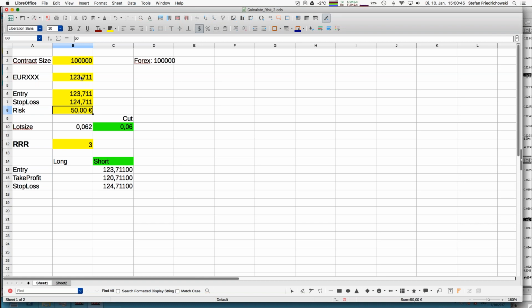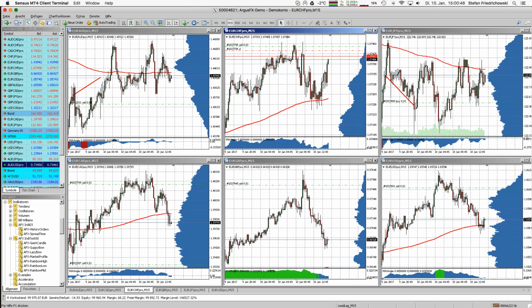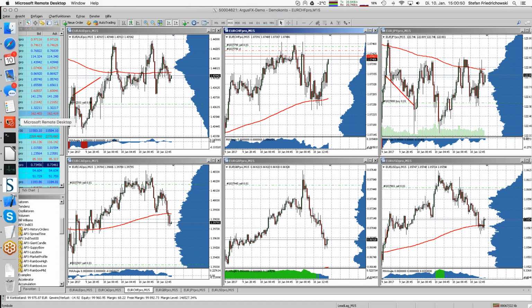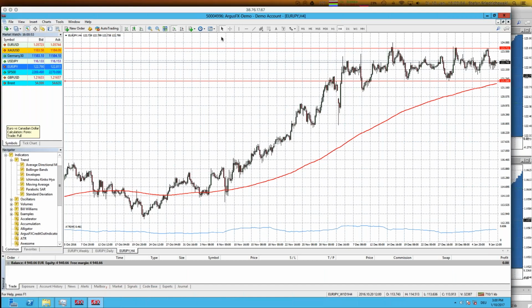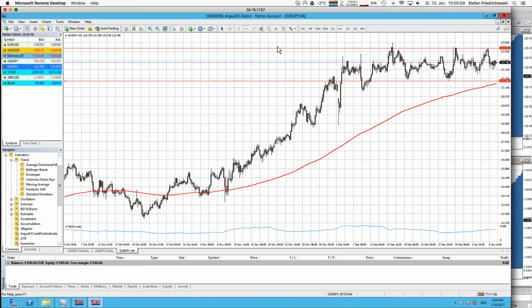127.11. First, let us draw the stop loss, the take profit value within the chart and see is it reasonable. Okay, so 120.7 would be our profit target.